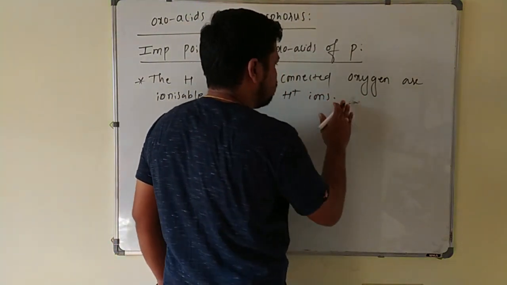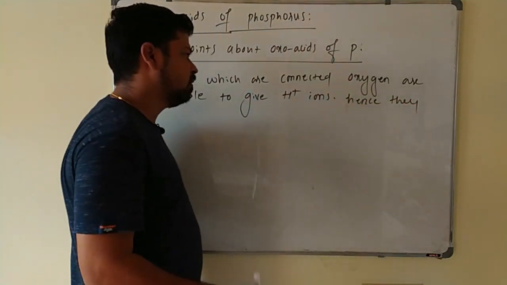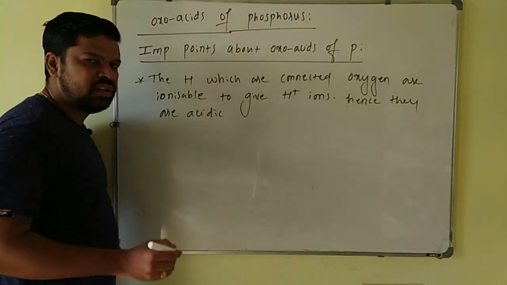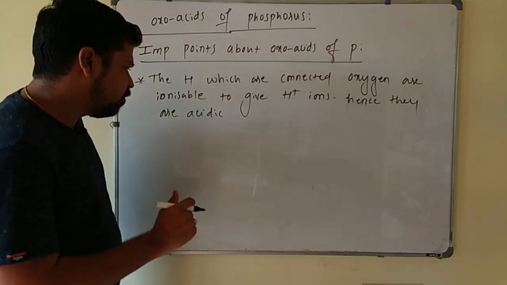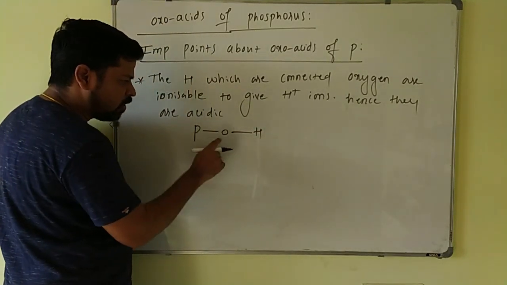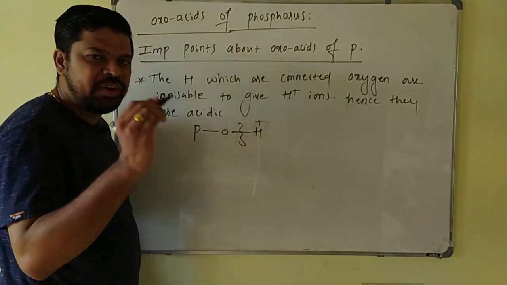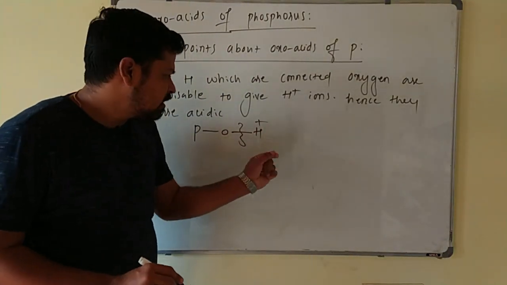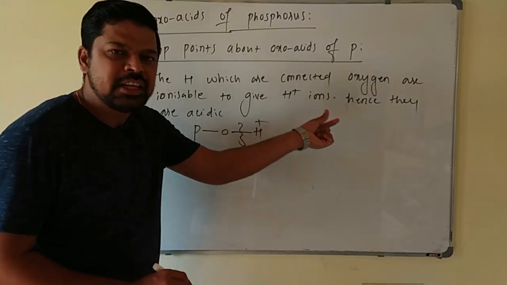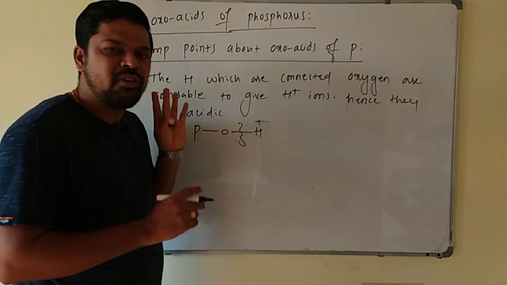Hence they are acidic. This is a very, very important point. Only the hydrogens connected to the phosphorus through oxygen, the O-H bonds, are ionizable to give H+ ions. In oxoacids, the hydrogens connected to oxygen come out as H+ ion, so they are acidic in nature. The hydrogens directly connected to the phosphorus are not acidic in nature.